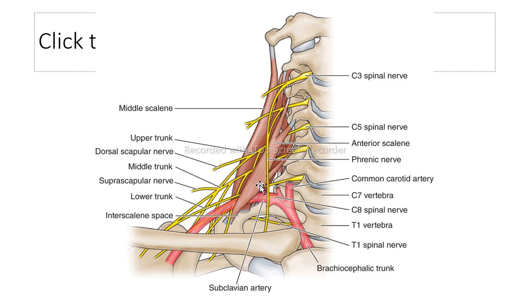Posterior to the scalenus anterior muscle there are the subclavian artery and the trunk of the brachial plexus, and posteriorly there is the scalenus medius muscle that attaches to the first rib, and above that is attached to the transverse processes of the upper cervical vertebrae.